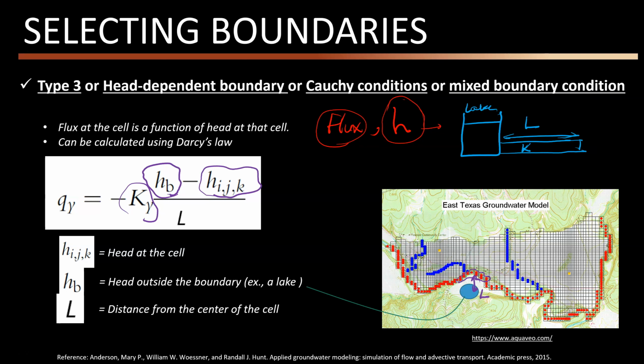This is the hydraulic conductivity of the medium, and this is my cell. This is the boundary condition that I have there. The other cells are here. So based on what is going on here, I first compute the head here.